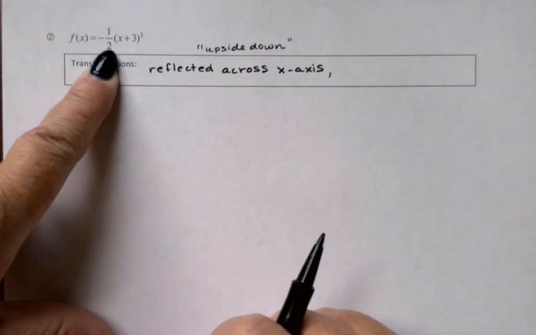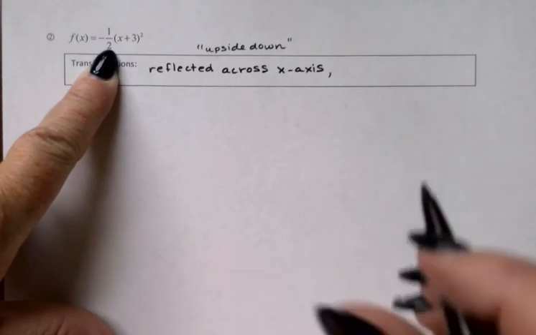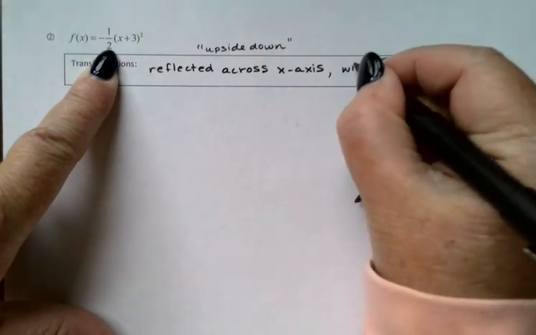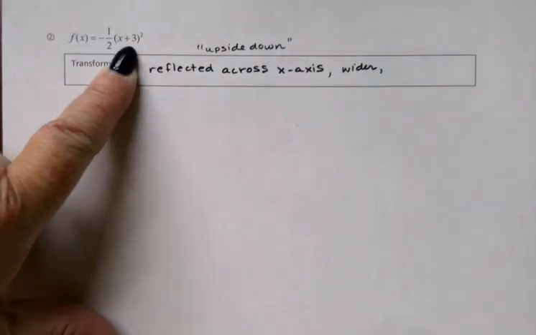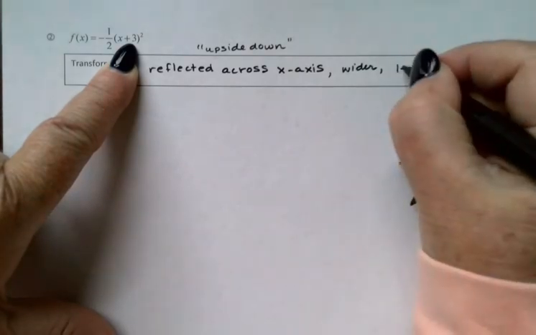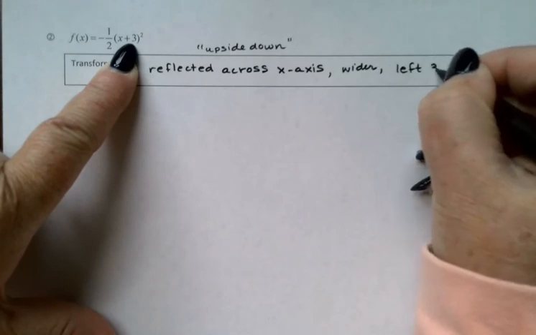The multiplier of 1/2, because that's smaller than 1, this parabola is going to be a little bit wider than the parent function. And then finally that x plus 3, the plus 3 inside the parentheses, will shift to the left 3.